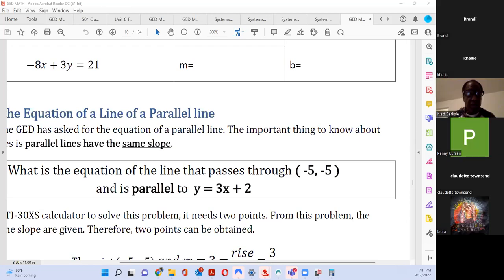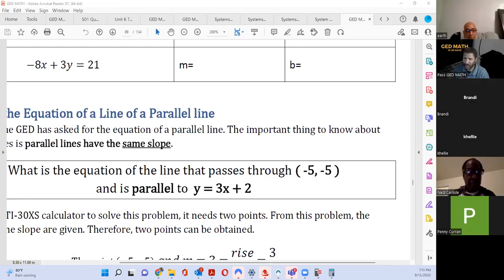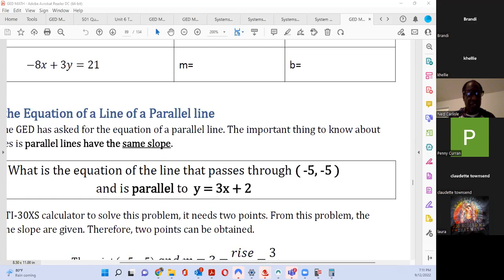So we got Kelly, Penny, Claudette, Laura. Got a bunch of people, like 12 people. Ned already passed, he doesn't have to answer. Did I say Laura? I'm not sure. All right, we've got about 30 seconds left.